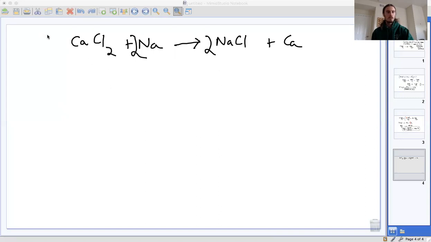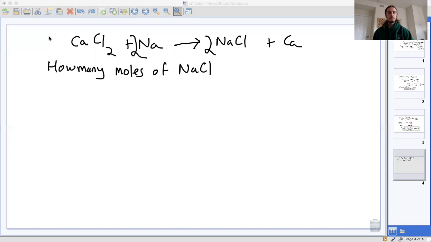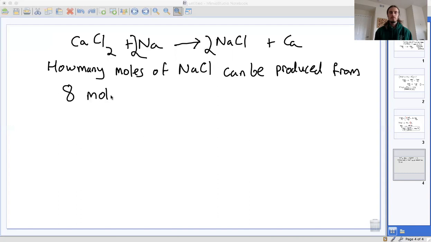how many moles of NaCl can be produced from 8 moles of calcium chloride, right?